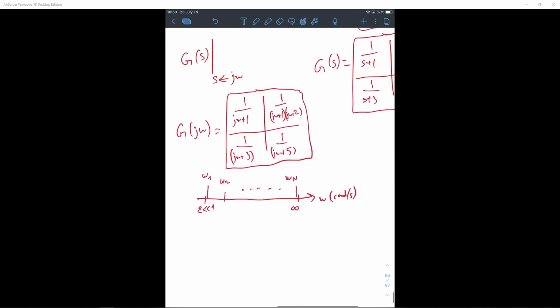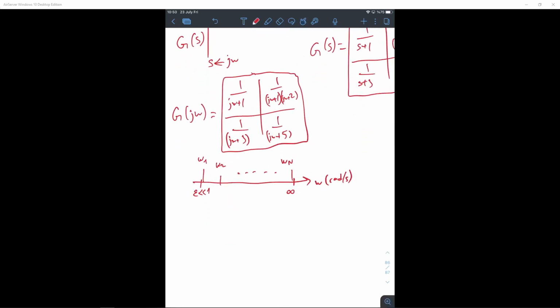For all of them I'm going to say G1. What is G1? I just substituted omega 1 for omega.